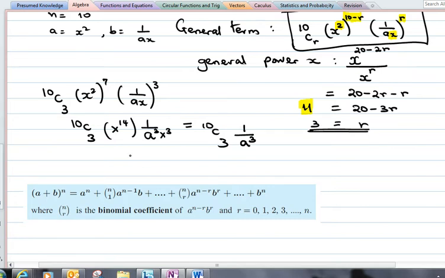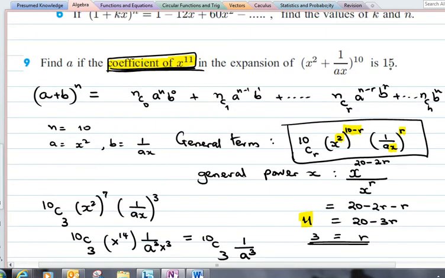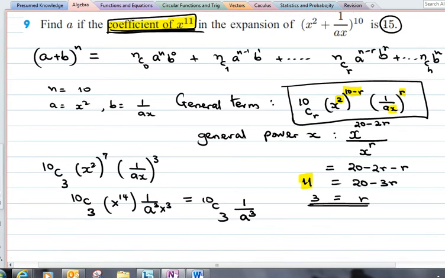But this has actually been given from the problem that it is equal to 15.